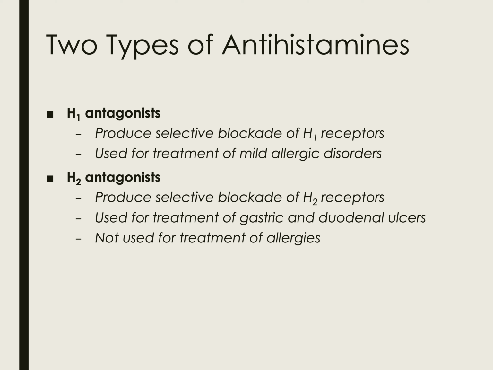And we know this because in the presence of an H2 blockade, the gastrin and the acetylcholine are unable to elicit acid secretion. So primarily it is within the H2 blockade of histamine.